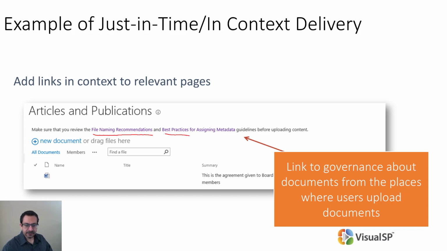And also best practices for assigning metadata, so things like your title and summary and name and other information like that, they would know exactly what to do because that is their governance information that's being exposed to them within their environment where they need it, in this case the library, right? So governance and best practices delivered to them just in time. That's the in-context delivery method.